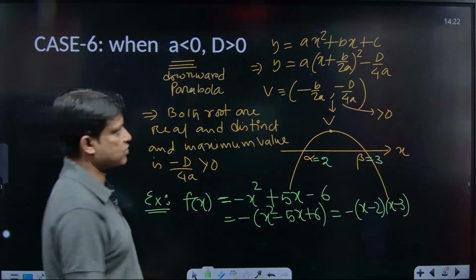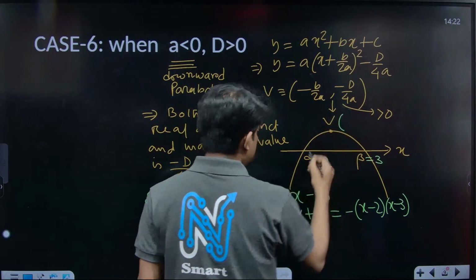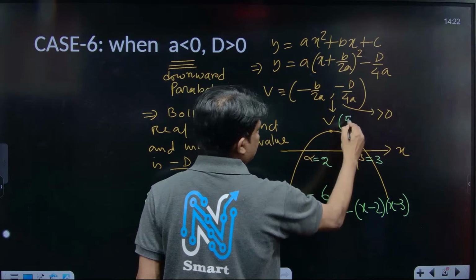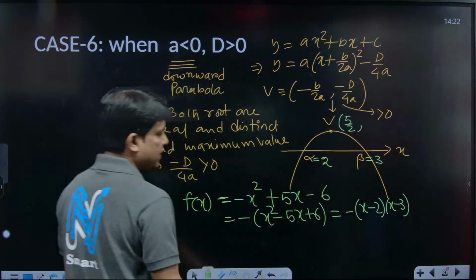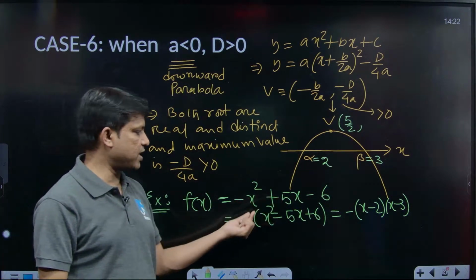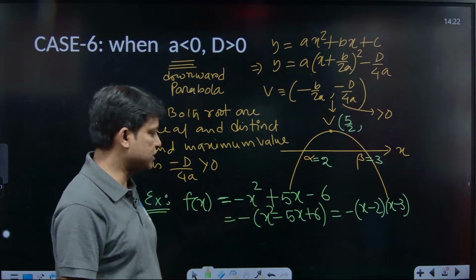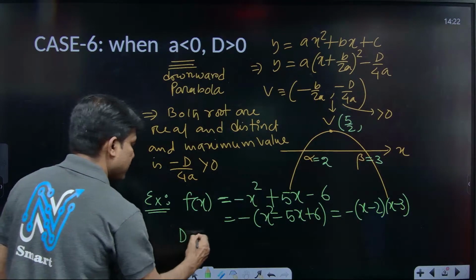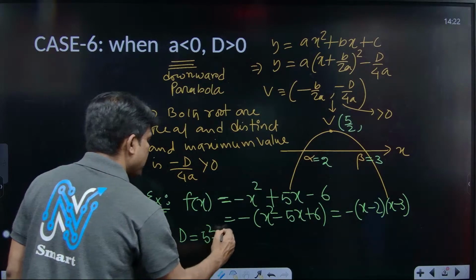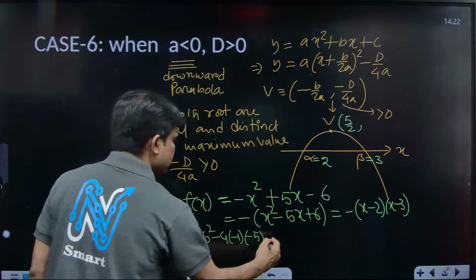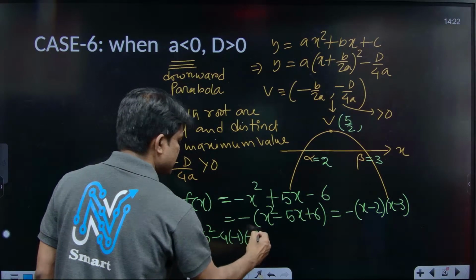Discriminant is b square minus 4ac, that is 5 square minus 4 into a into c, which is 6.